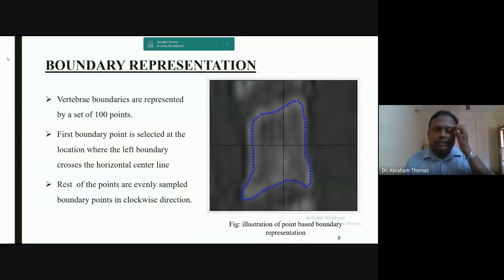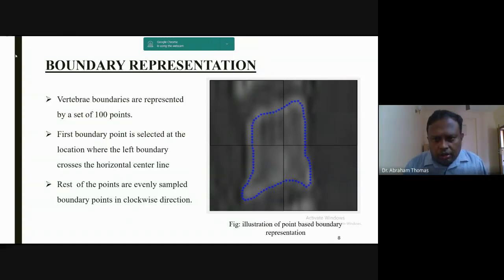So, boundary representation. Here you have the figure, an illustration of point-based boundary representation. Vertebral boundaries are represented by a set of 100 points. Each point has an X and a Y coordinate. The first boundary point is selected at the location where the left boundary crosses the horizontal center line. The rest of the points are evenly sampled boundary points in clockwise direction.